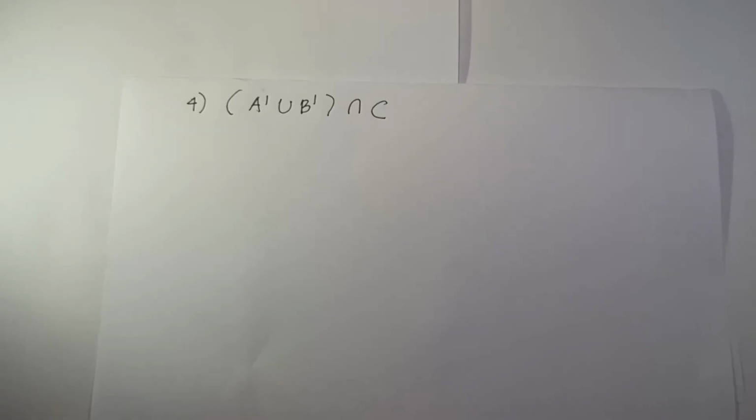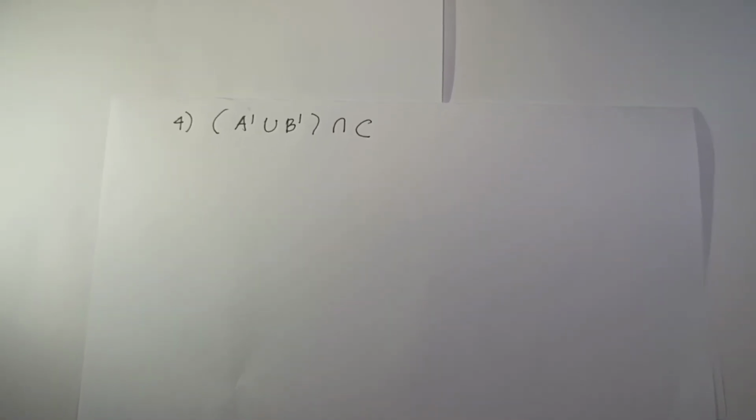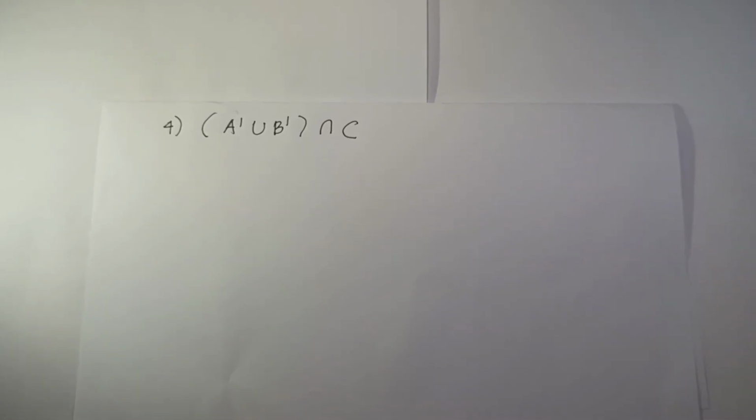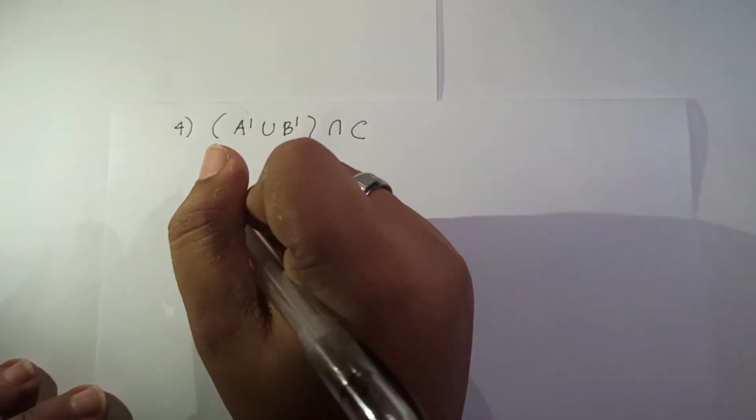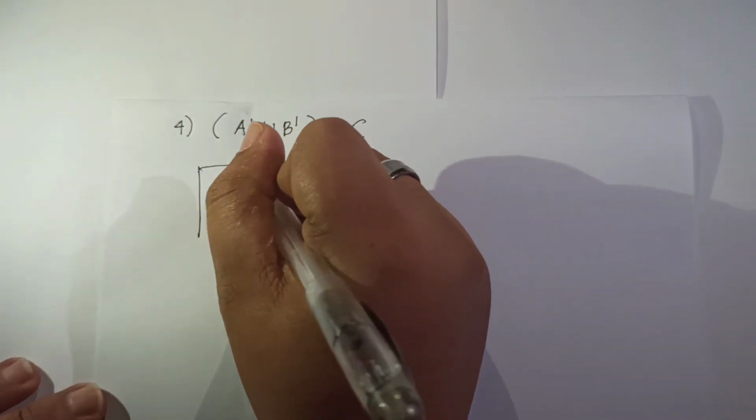Okay, so we are now in number 4. So A prime union of B prime, or A complement union of B complement quantity, and the intersection of C. So first, we're going to have A prime.